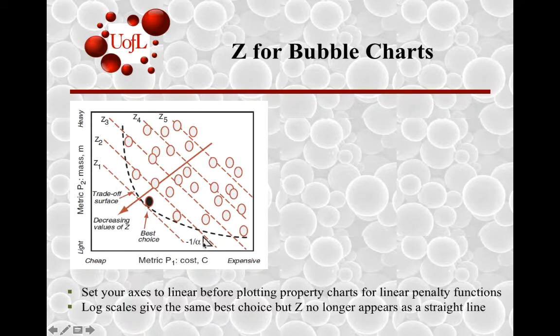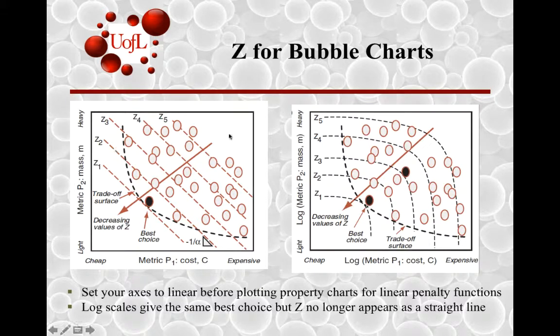If you change alpha, then you would be able to change the slope and then work out another z, and you get a best choice. If instead you go to log scales, as we mostly represent a lot of our performance metrics, you end up having these kinds of contours created instead of these nice lines. And we select decreasing values of z based on these types of intersection with the trade-off surface.